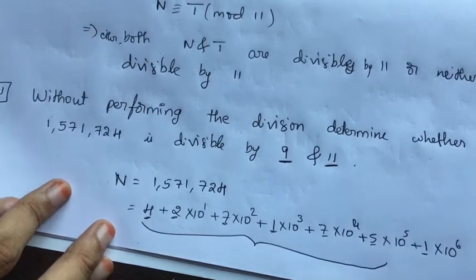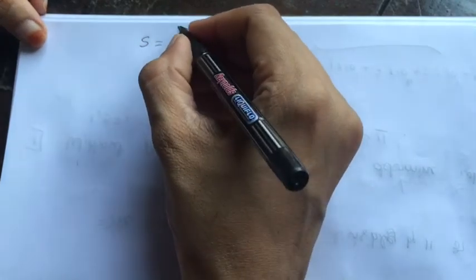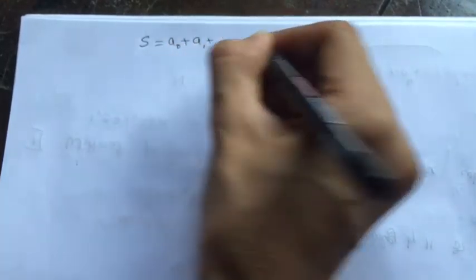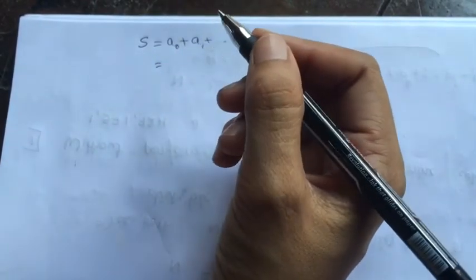So what is S by the divisibility by 9 test? S is nothing but a0 plus a1 up to am, right? To add up all the coefficients.